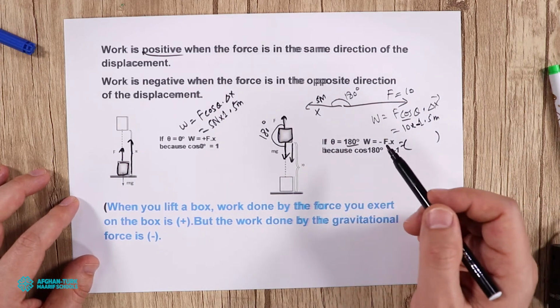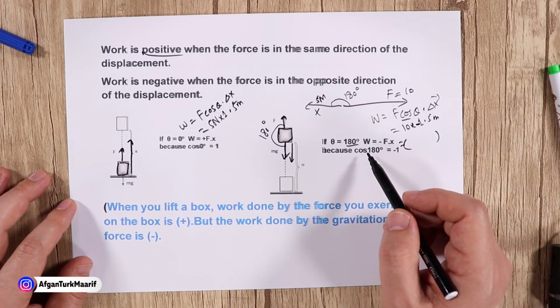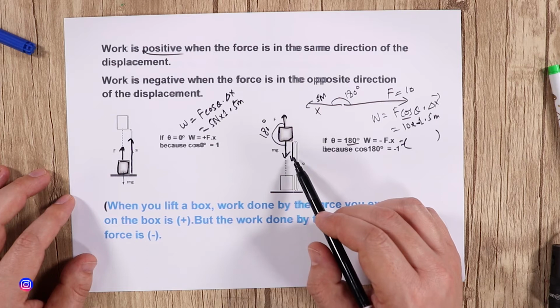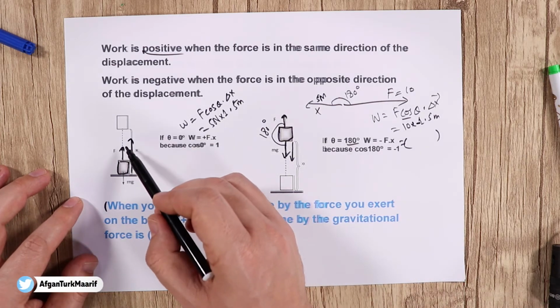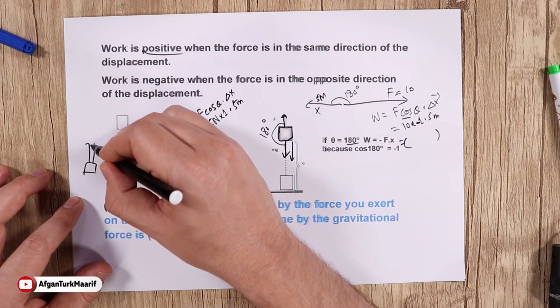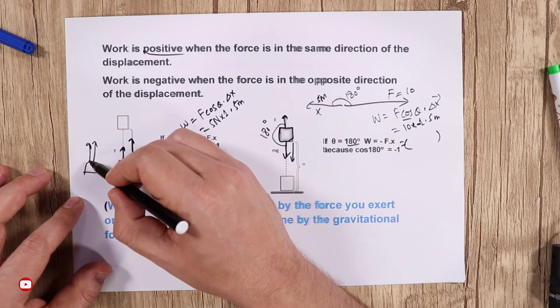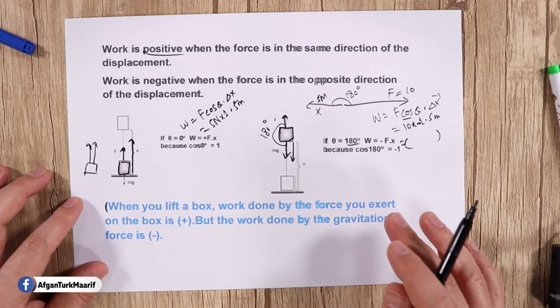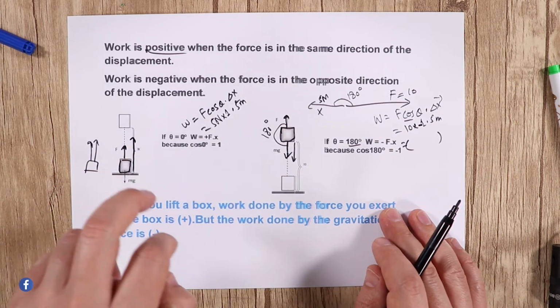So the work done on the object is negative in this case. But when the force and displacement are parallel and theta is 0, the work done will be positive and maximum.